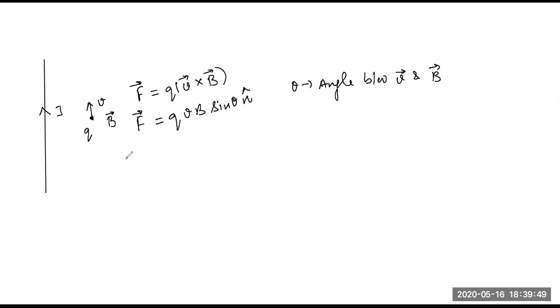The first thing we talked about was N. So what was N cap? N cap was a vector which was perpendicular to both V and B.